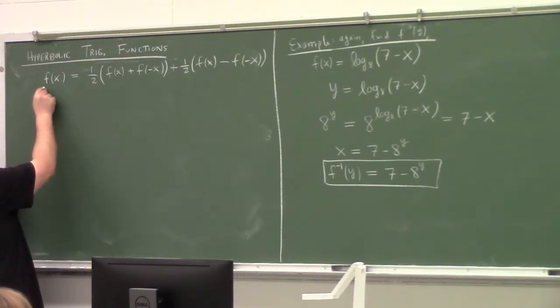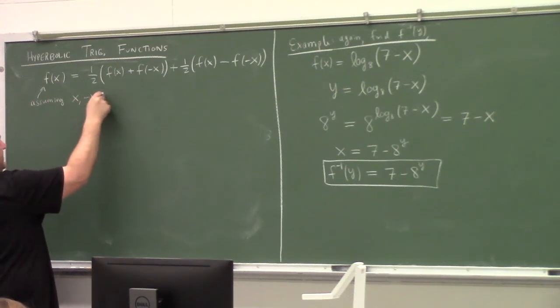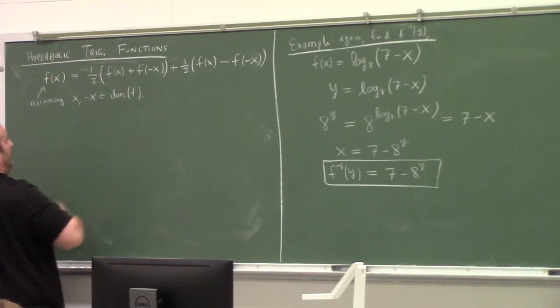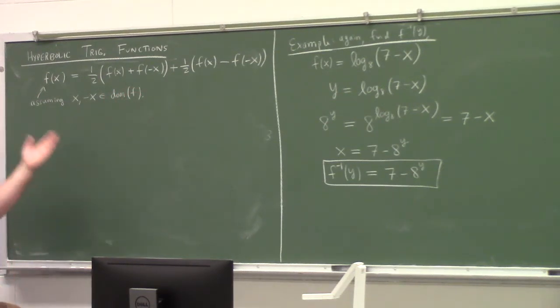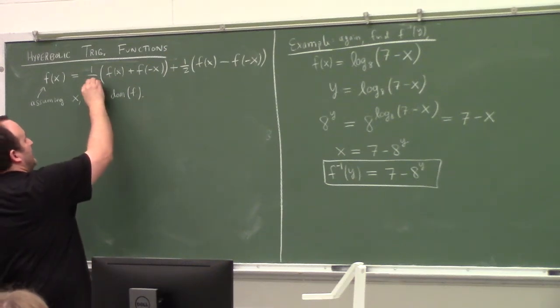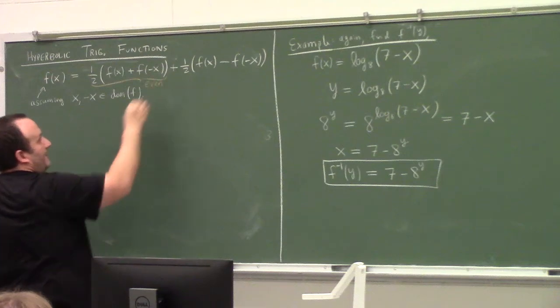I'm assuming x and minus x are in the domain of the function. If I have that property, then I have this identity. So certainly if the domain of the function is all reals, we can do this. And the neat thing about doing this is if you study this piece right here, you can see that it's actually an even function.